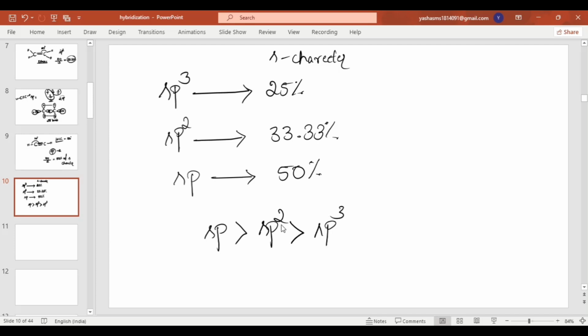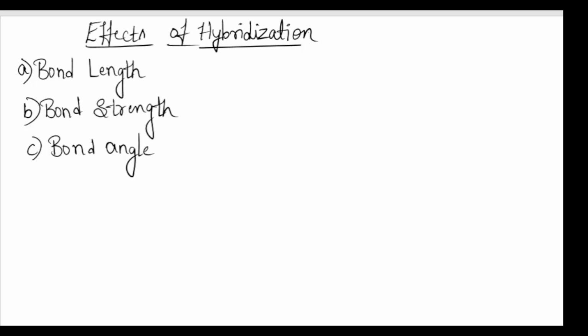Now we'll discuss the effect of hybridization. The first thing I will take is bond length, then the second is bond strength and bond angle. Now we'll discuss one by one. First one is bond length.